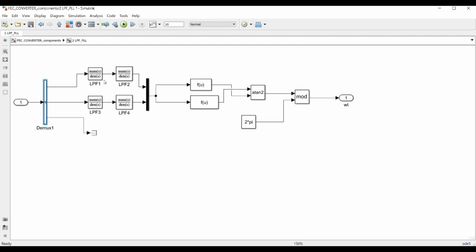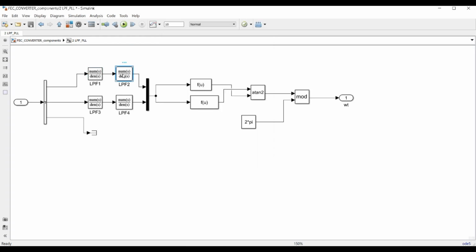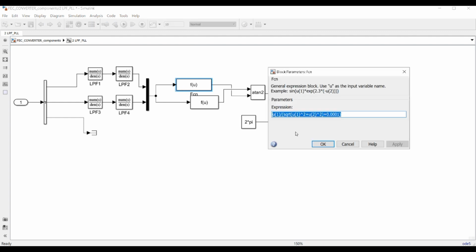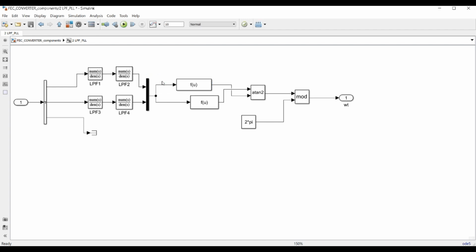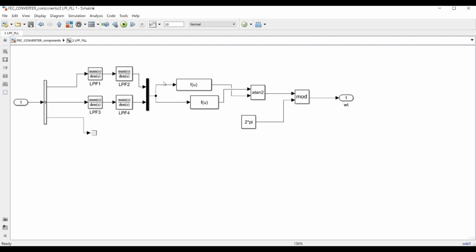Here I have put 2 LPFs. Okay, so this is the numerator and this is the 2 pi f. Similarly, the second LPF, likewise here. So here I have written a function of x, actually this is x. I will name it as x, and this one is y.